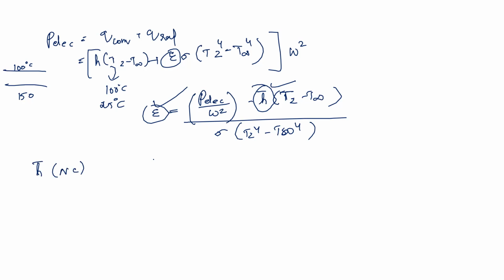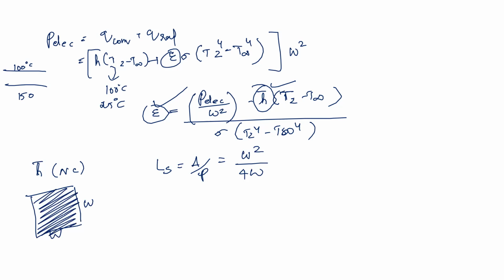So in this problem, we need to determine the characteristic length Ls, which we will use in determining the Rayleigh number. So that comes to be W square, which is the area, by perimeter, 4W. So if it is a W by W surface, then area will be W into W, and perimeter would be 4W.